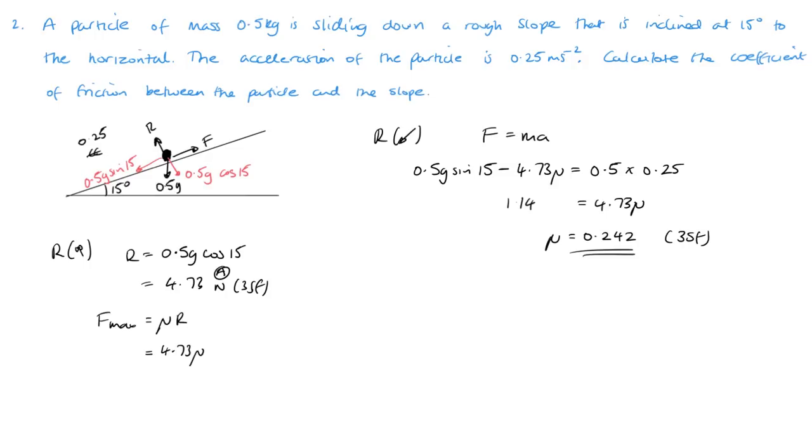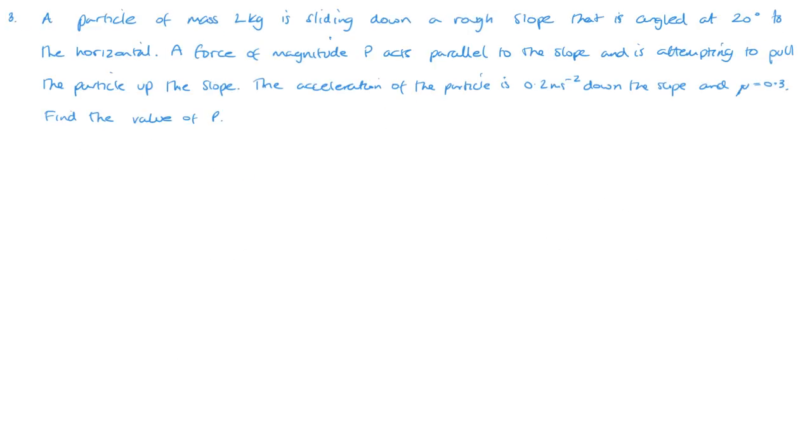Now let's look at question 3. So here we have a particle of mass 2 kilograms sliding down a rough slope inclined at 20 degrees. Force of magnitude P acts parallel to the slope and is attempting to pull the particle up the slope.